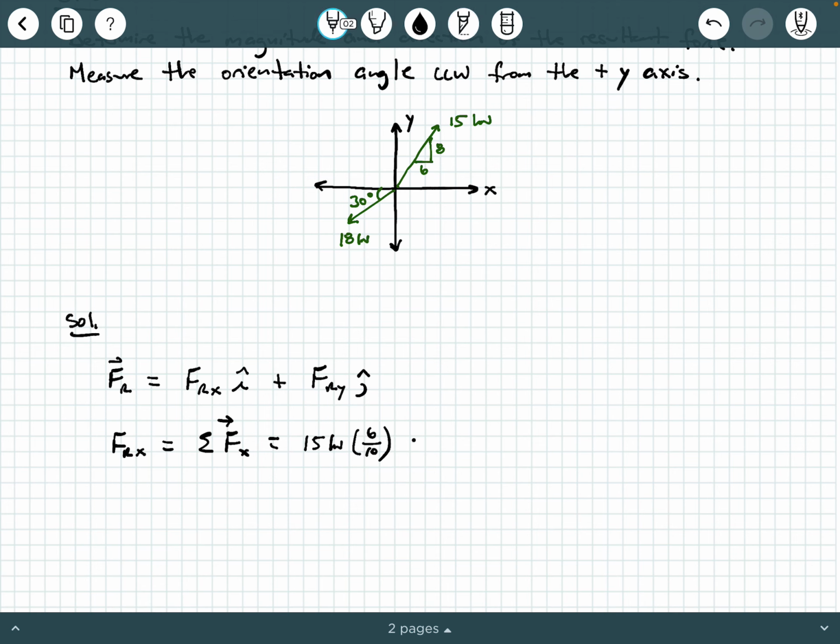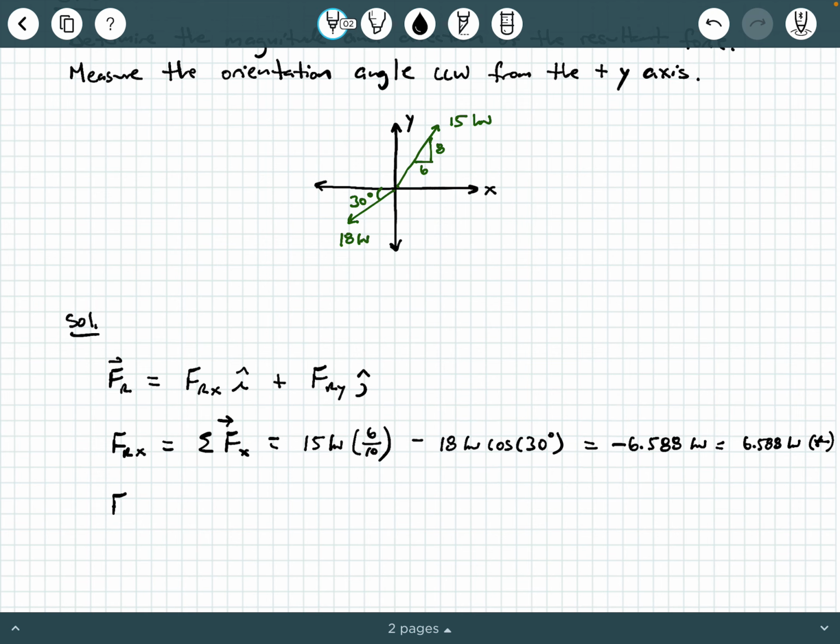So I'm going to say minus 18 kilonewtons times the cosine of 30 degrees. And if I punch all of this through, I'll get negative 6.588 kilonewtons. And all that negative means is that I've got 6.588 kilonewtons pointing to the left. So that's the x component of the resultant.